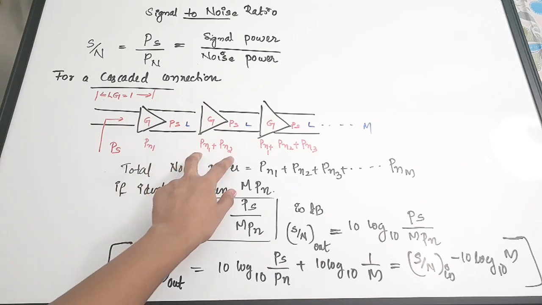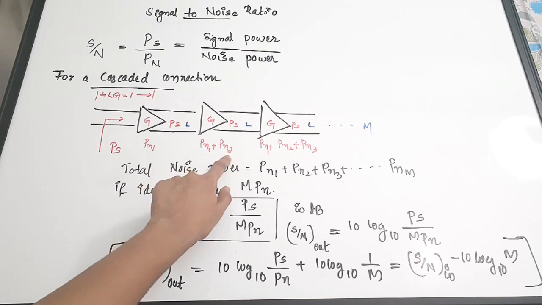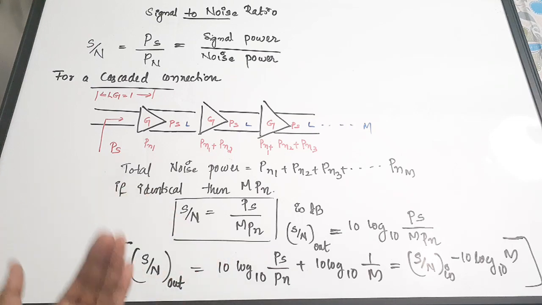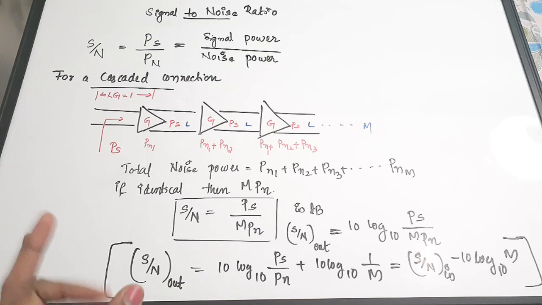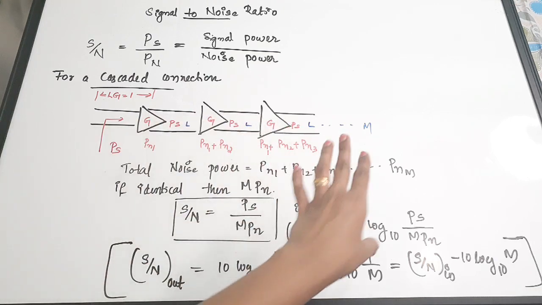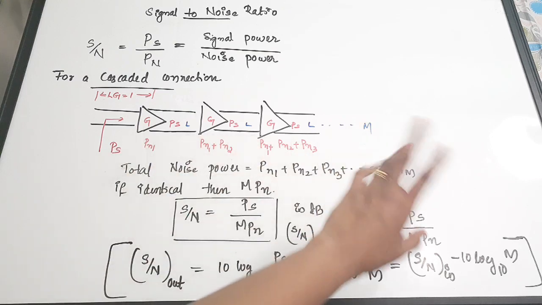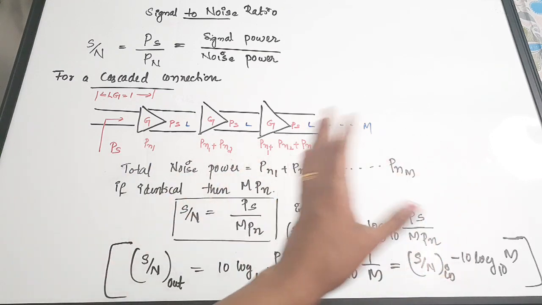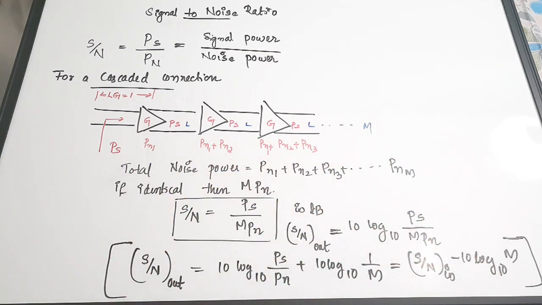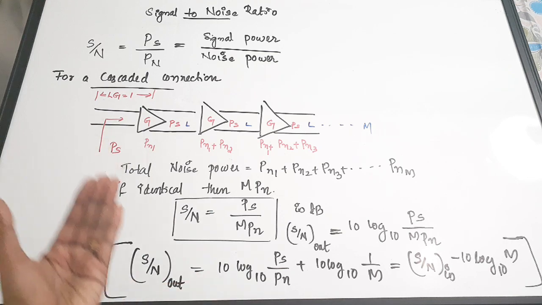So the total noise power will now be PN1 plus PN2. What happens is that the noise power gets accumulated, but due to the gain of the amplifier, the signal power remains the same, PS, exactly at the final output stage also.